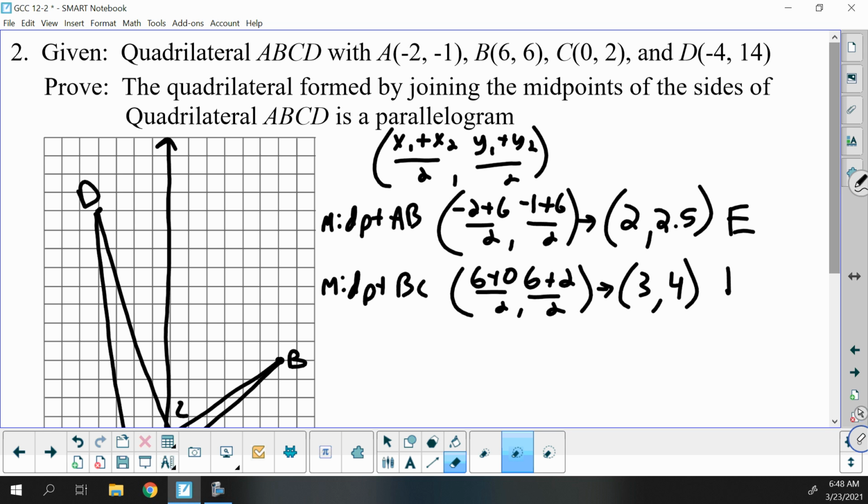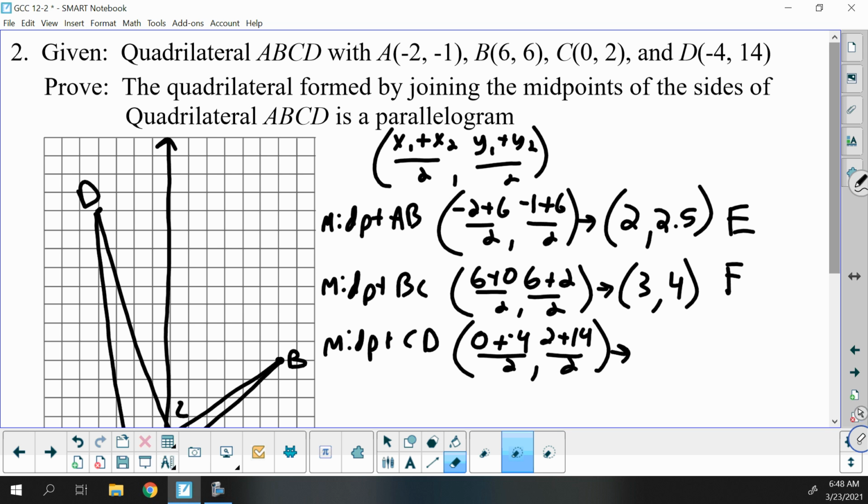So we'll call that point F. Next we'll do CD. We'll have 0 plus negative 4 over 2, comma 2 plus 14 over 2. 0 plus negative 4 is negative 4, divided by 2 is negative 2. 2 plus 14 is 16. 16 divided by 2 is 8. We'll call that point G.